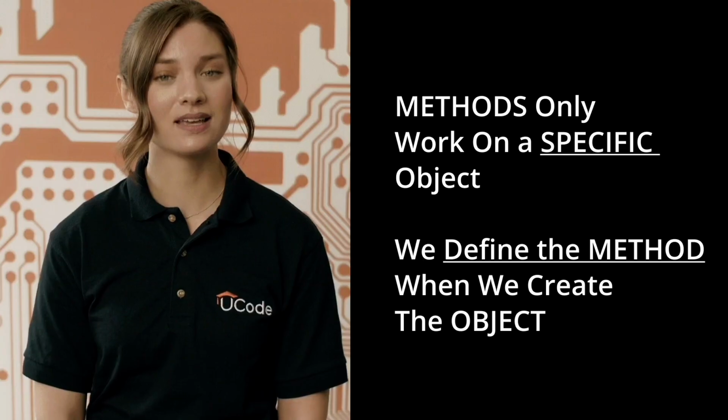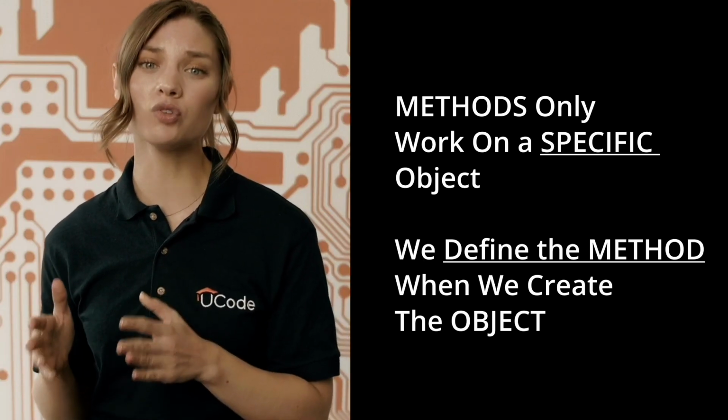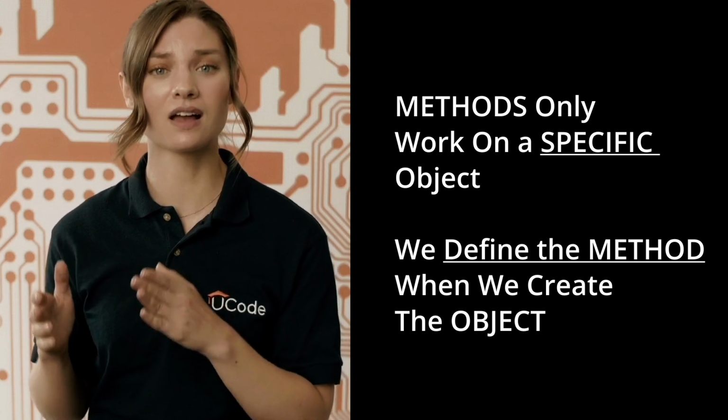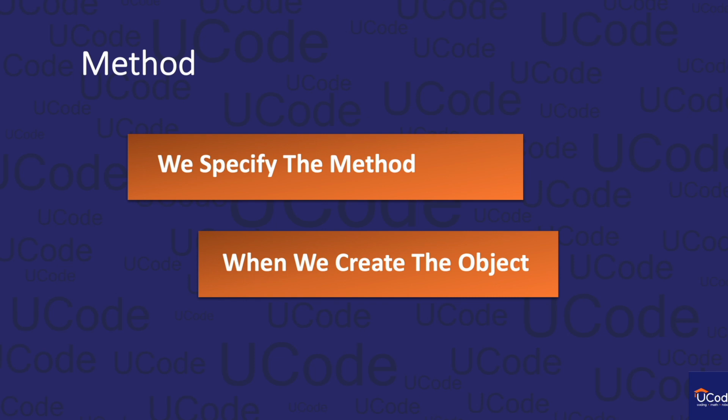An important point to remember is that a method is specific to an object. This means the method will only perform the set of instructions on the values in a specific object, called an instance of the object. That is because we specified what methods can be used when we created the object.